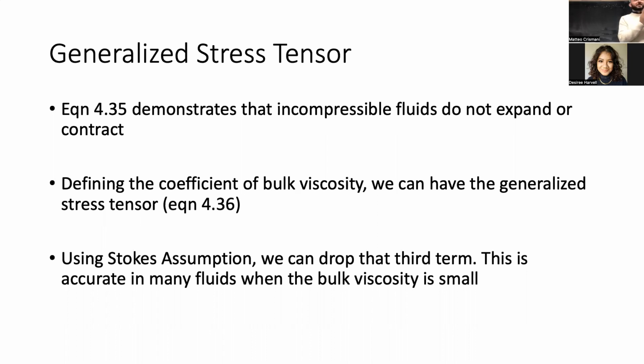You can smush it easier than you can shear it. We'll give some examples of that later. Like this water, right? Water is easier to move than to press. Yeah, that's a good example. Any other ones? We don't have enough time, sorry.